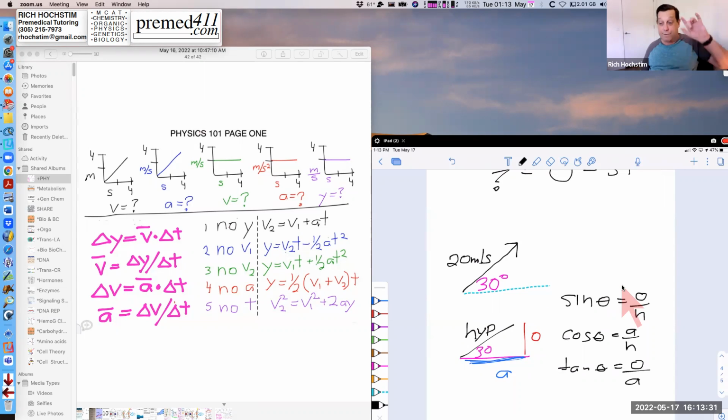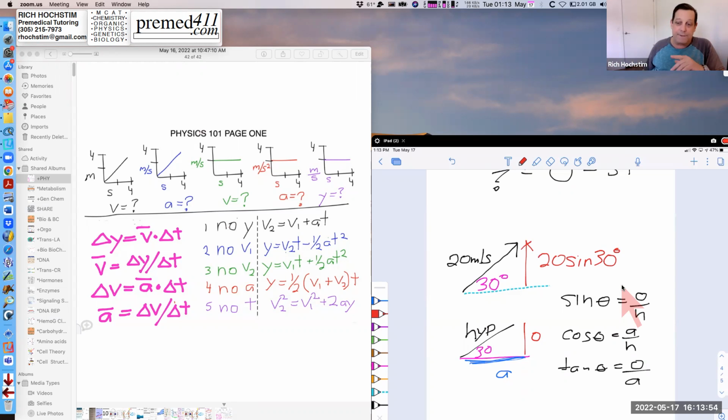You don't need the other 3 trigonometric functions. So what you can do with this is break it down. And if you break it down correctly, this is going to be 20 sine of 30. And by the way, you should know that sine of 30 is a half, but they usually give that to you.